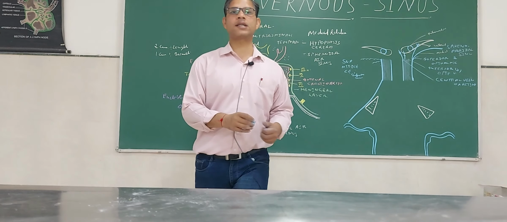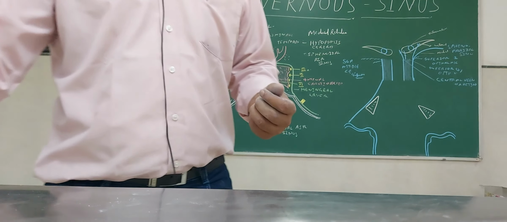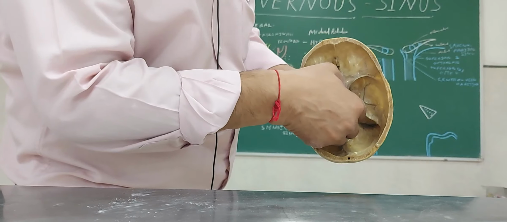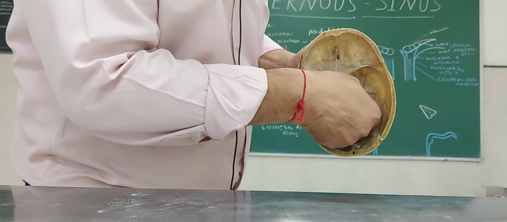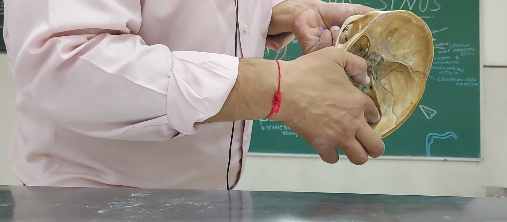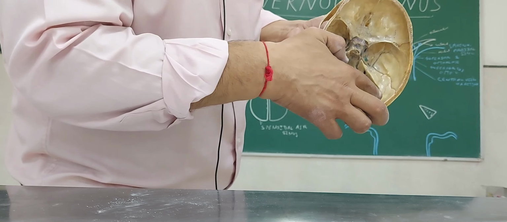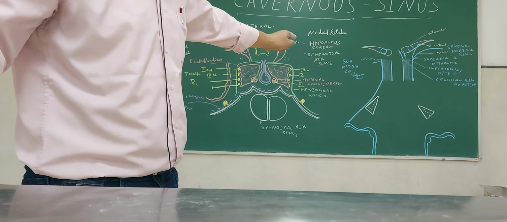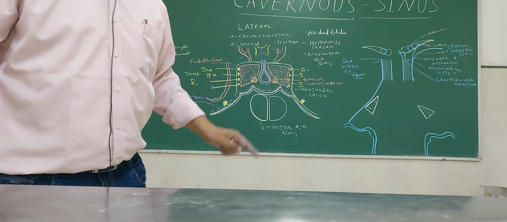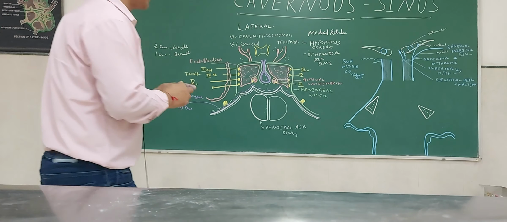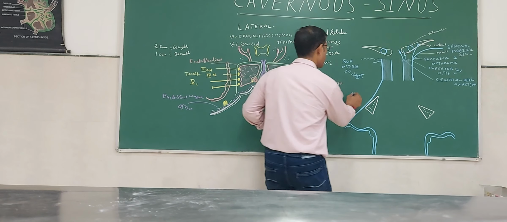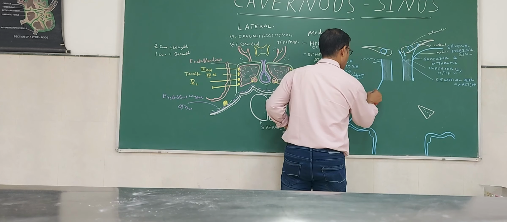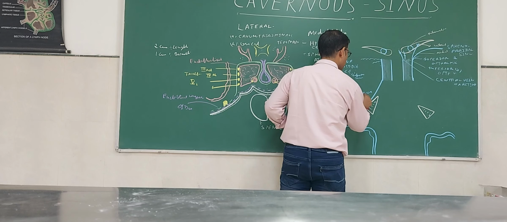In this diagram we are showing this, and even in this bone, a structure running from the cavernous sinus area like this definitely communicates with this groove, the transverse sinus. So the cavernous sinus communicates with the transverse sinus via the superior petrosal sinus.